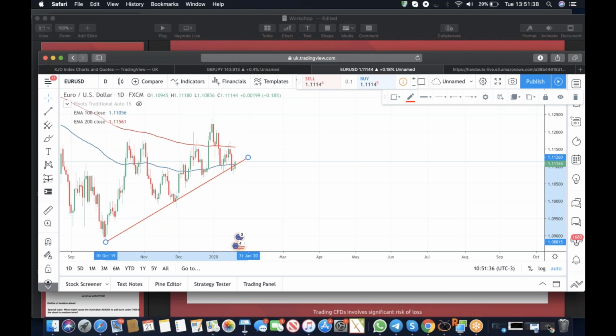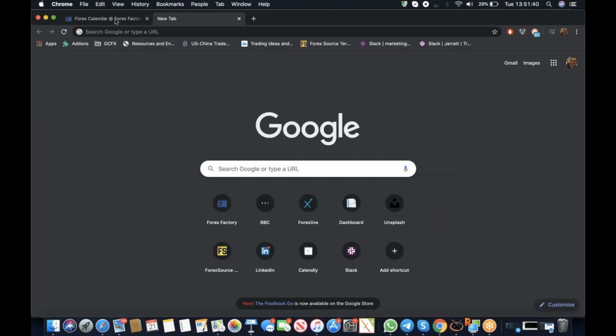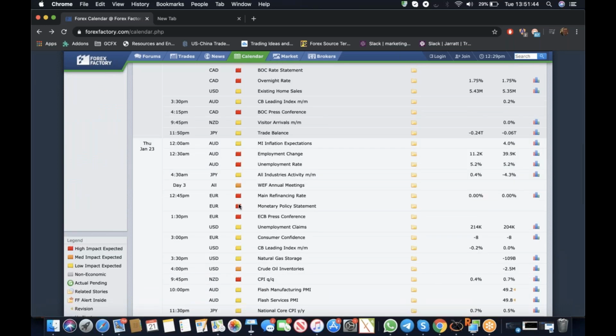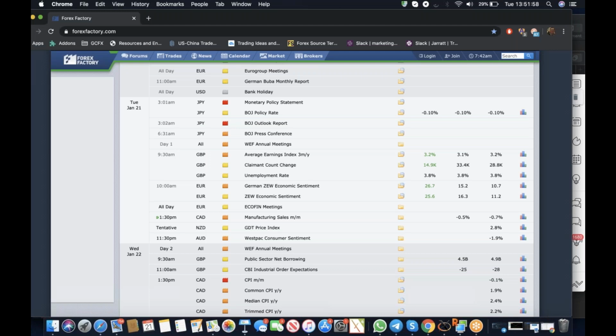Where is it? So you've got the ECB meeting on Thursday at 12:45, and the press conference afterwards at 1:30. So that's going to be a key issue for you there. So just watch out for that. But broadly speaking, I do favour selling the euro on retracements.